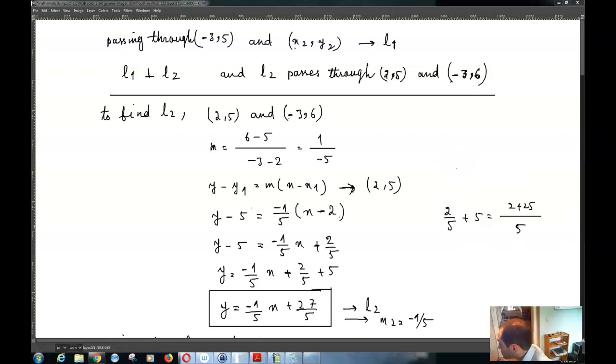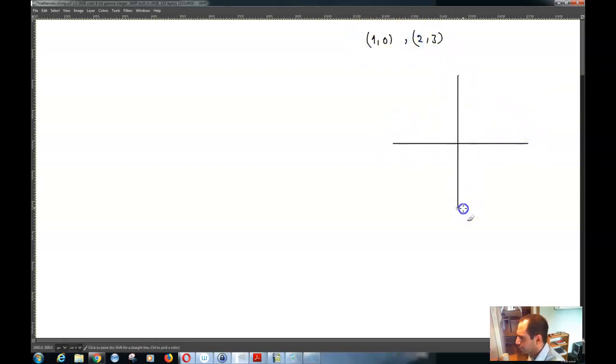We have two points over here, 1, 0 and 2, 3. Now, if I join these two points, I will get this line segment. Now, I have a line that is perpendicular to this line.